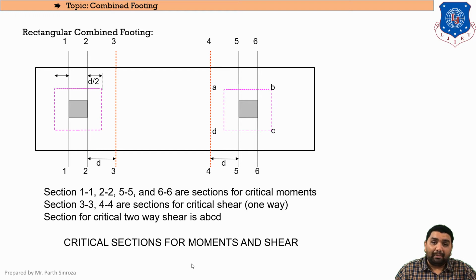And if it is asked about the critical section for moment, then it will be along 1-1, 2-2, 5-5 and 6-6. The critical section for two-way shear is ABCD. As you can see, it forms a rectangle or a square, depending upon the footing. If the footing is a square footing, then ABCD will be a square, and if it is a rectangular footing, then ABCD will be a rectangle. So these are the critical sections for moment and shear that you need to check.